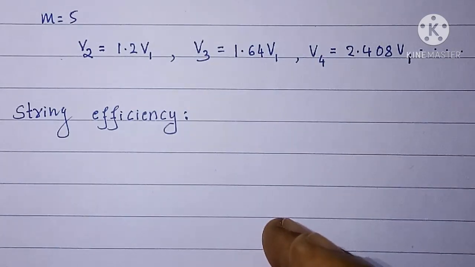But in case of insulators, string efficiency is defined as the voltage across the n strings divided by n into the voltage across the unit near to the power conductor.